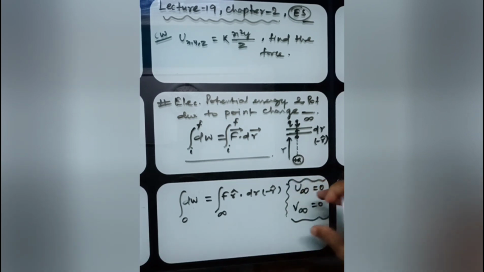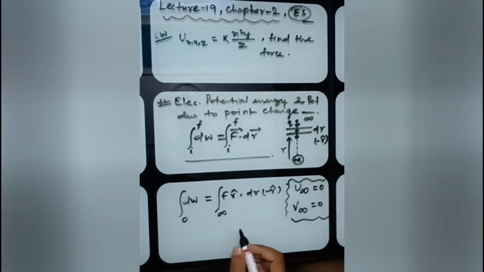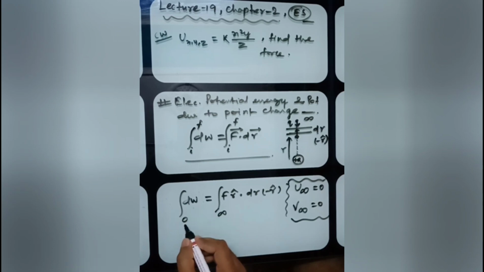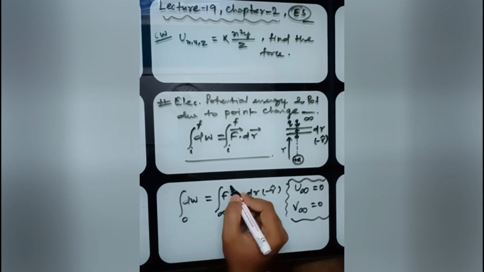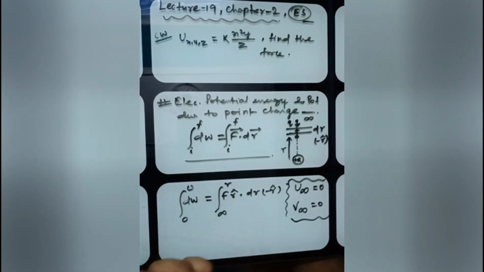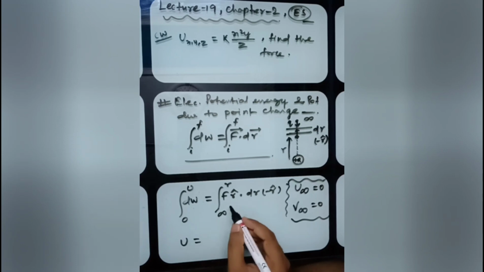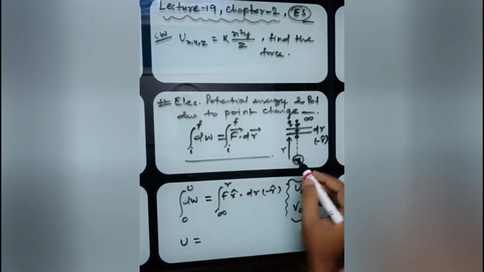Okay, my dear students, directly that assumption will be used as we are using over here. At infinity, potential energy, that is the amount of work done, will be zero, and we have to find it at distance r. At distance r, the work done will be potential energy. So dW integrated from 0 to U gives U minus 0, which is U. It is equal to F, the force between these two charges.